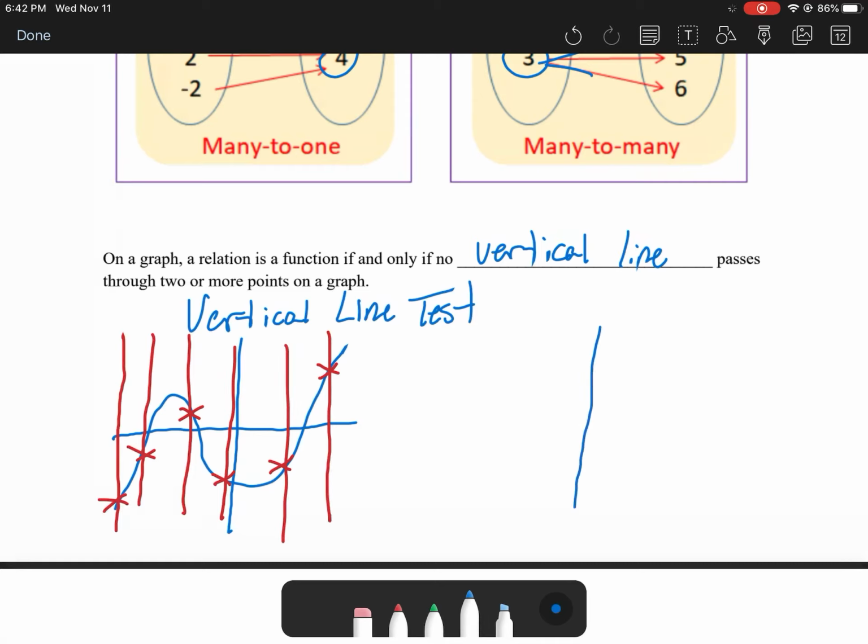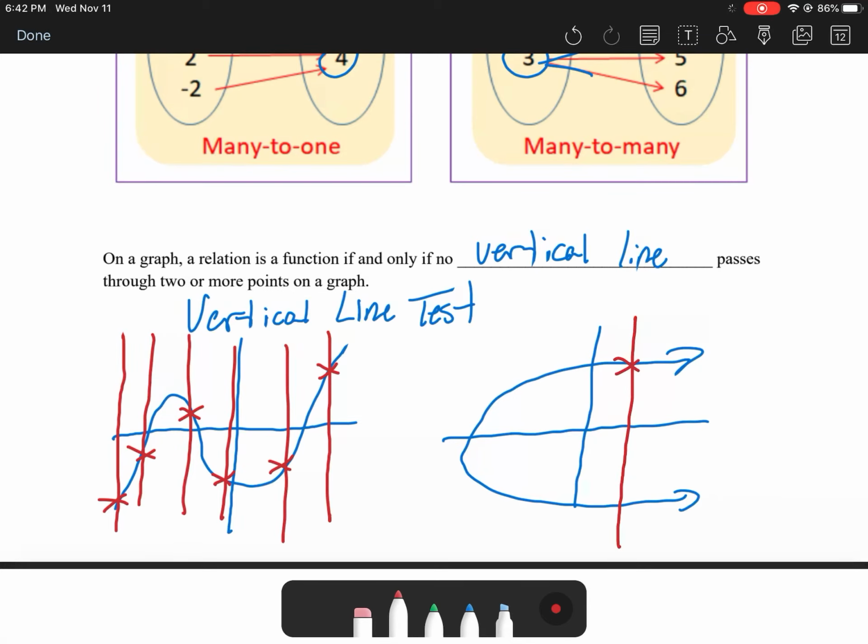Now let's say I had a graph that looked like this. If I cross a vertical line here, you see that it crosses two times, so this is not a function. And it only needs to pass through one time.